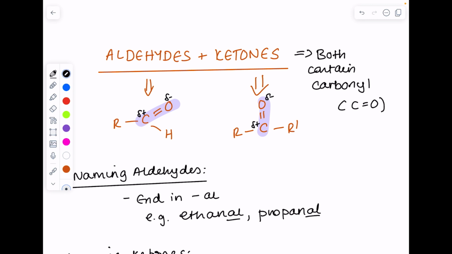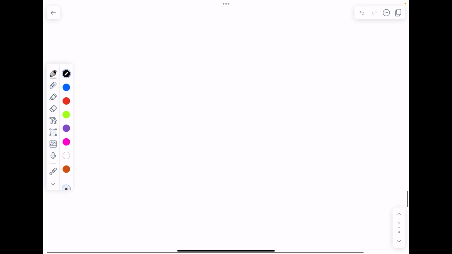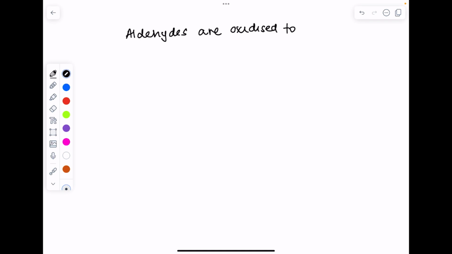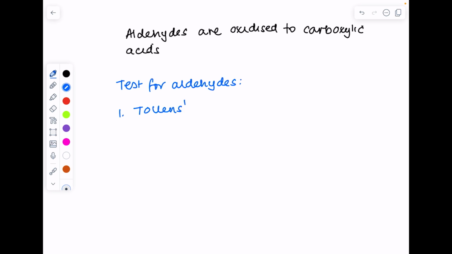We've looked previously at the fact that we can easily distinguish between aldehydes and ketones using Fehling's solution or Tollens' reagent. This relies on the fact that aldehydes may be oxidized to carboxylic acids, and therefore, if you have an aldehyde added to Tollens' reagent, you get what's known as a silver mirror.